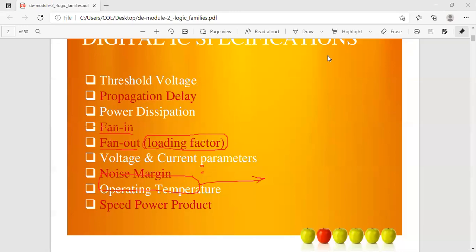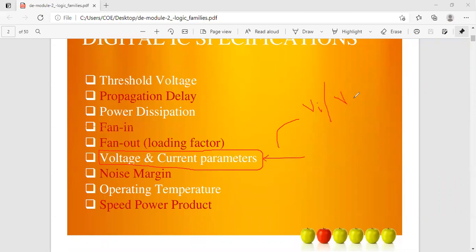Another definition is voltage and current parameters. It is also not a new thing, but for refreshment, I am going to give the definition. Voltage and current parameters mean input voltage, V in, and output voltage, V out.